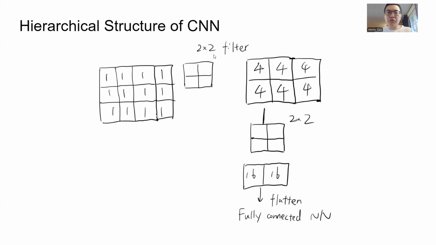After a 2 by 2 filter, we combine these 4 pieces of information into one grid, so this one contains more information. We apply a 2 by 2 filter again, combining these 4, which gives us 16 features. At the end, this is just like the input features of the fully connected neural network, and we flatten it. Also, because we shrink the size, it doesn't lose much information.